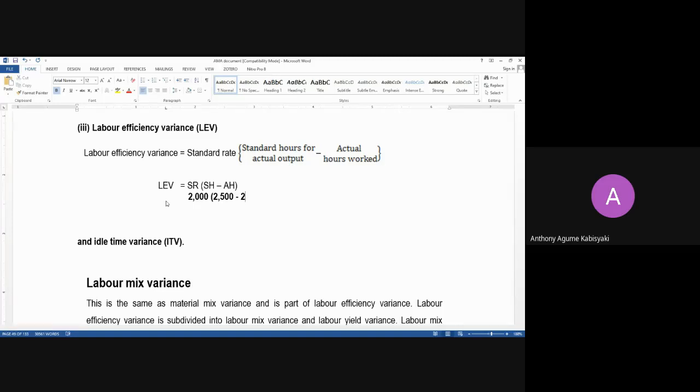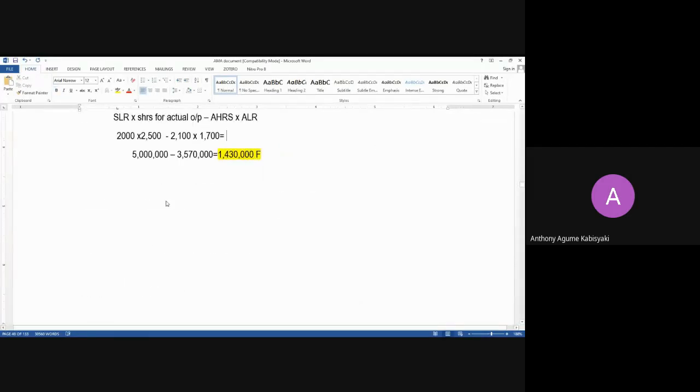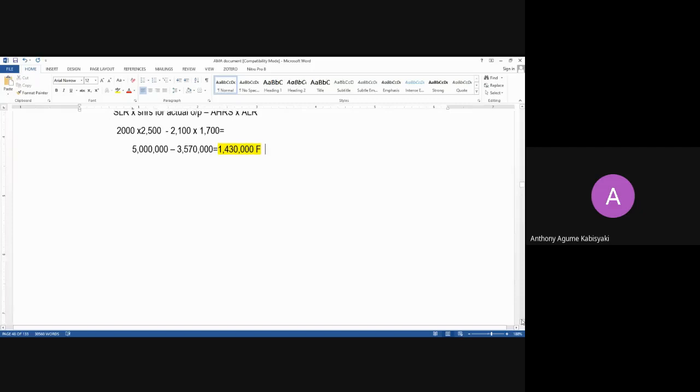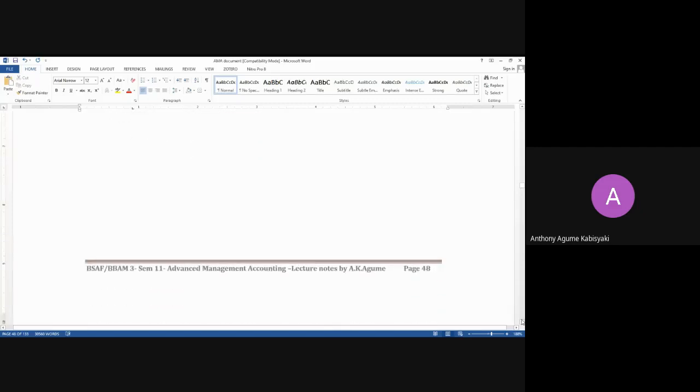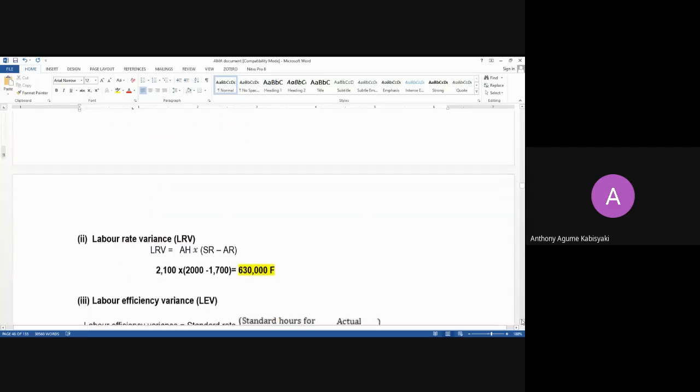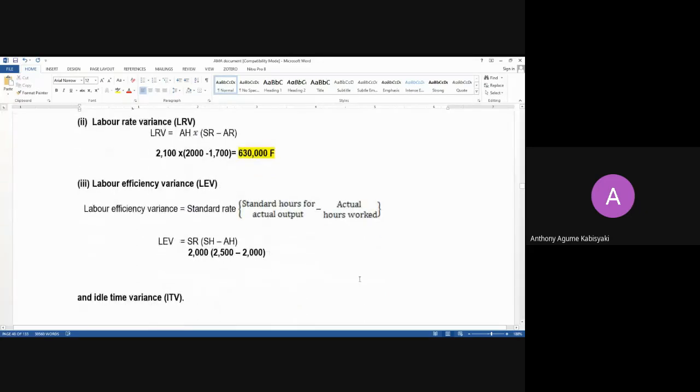So our actual hours are 2,000, because the 100 hours were idle time. But when I'm determining the rate, I must cost all of them. When I'm looking at efficiency, I will eliminate the idle time. So what do I get here?